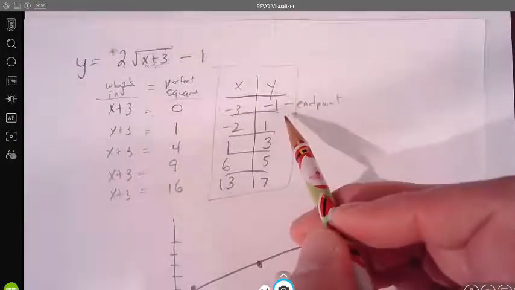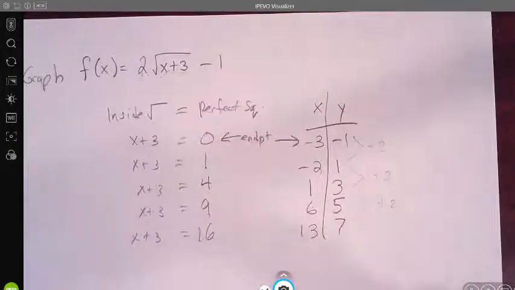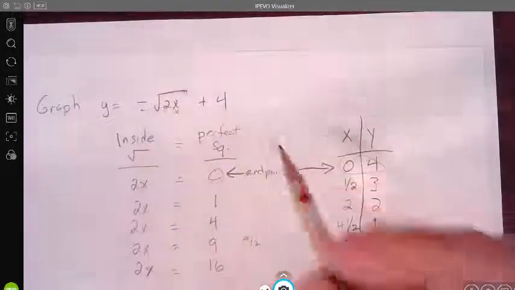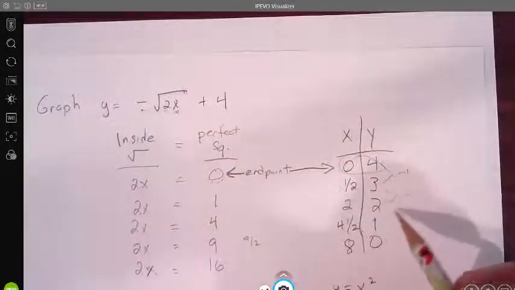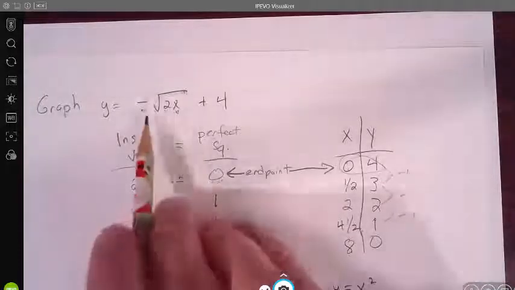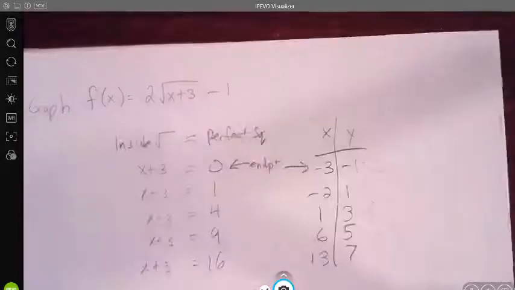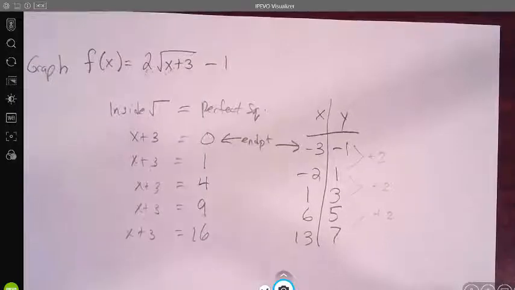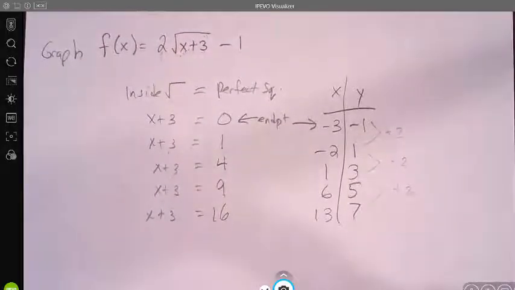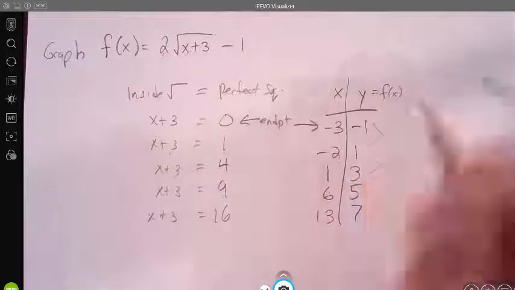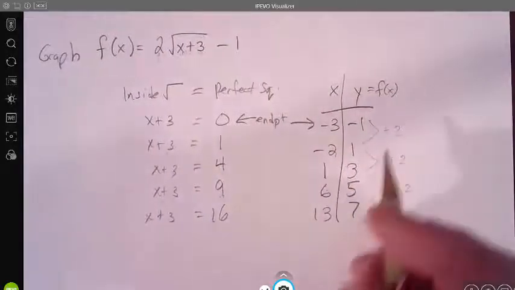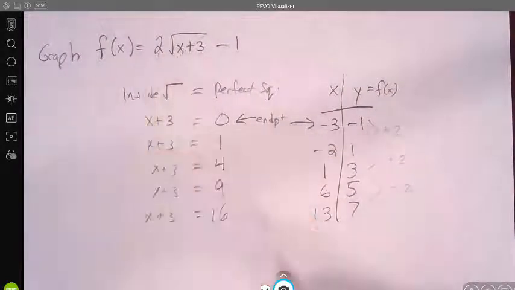In the previous problem, they were dropping by 1 every time, which was baked into the problem with our negative 1 multiplier out front. So that's sort of a hint. If you pick these x values strategically, you'll see the y column of your table, I guess I should call this f of x, drop or increase by that multiplier.